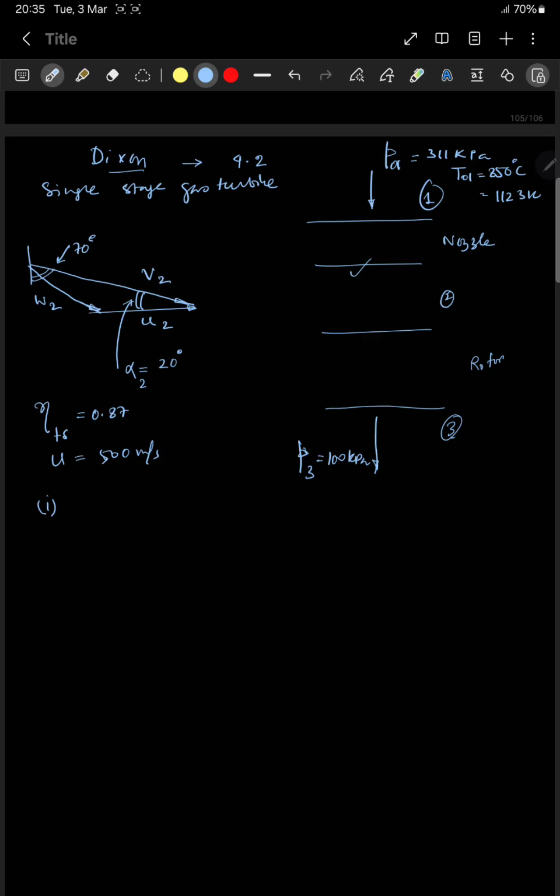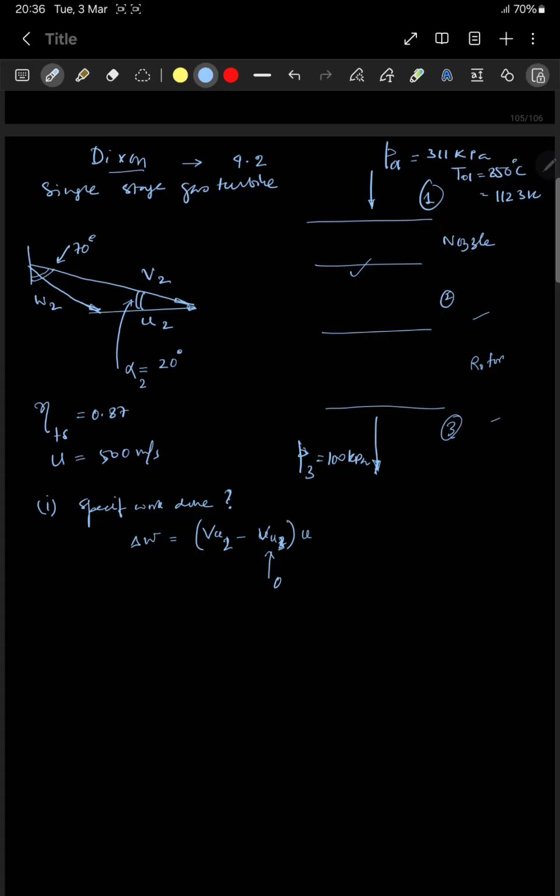Okay, first we have to find out specific work done. Specific work done, delta W is given by VU2, since it is a turbine, VU1 minus VU2 into U. Since the flow is axial, here it will be VU2 and VU3, because the inlet to the rotor is 2 and 3 is the outlet.